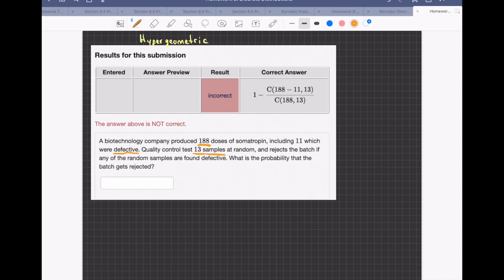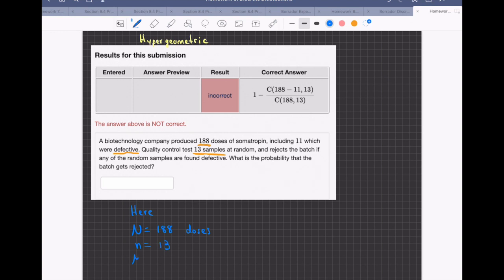So in this case, again, we have to identify the parameters. Capital N, the total number of elements in the population, is 188 doses. What is the size of our sample? That is lowercase n, which is 13.